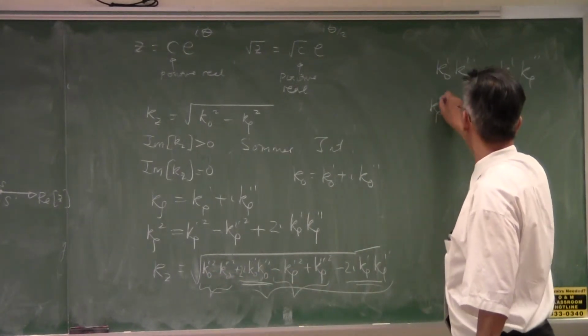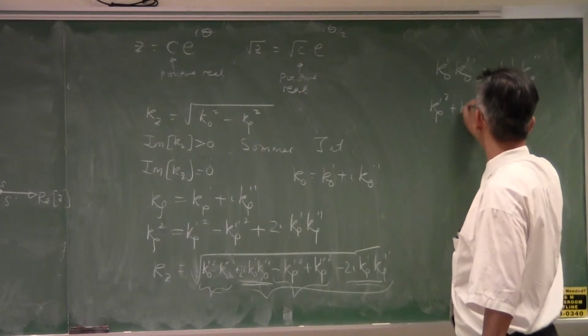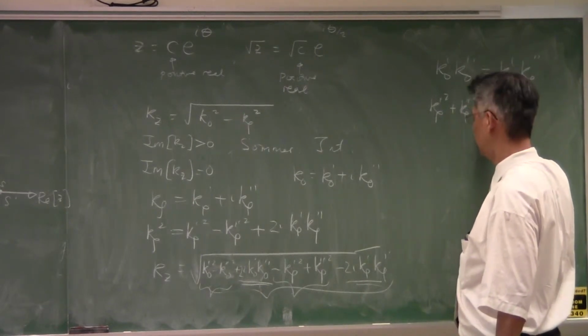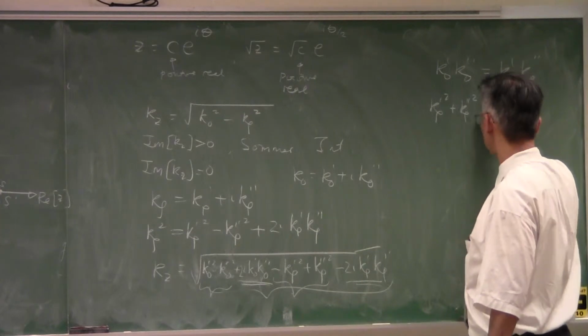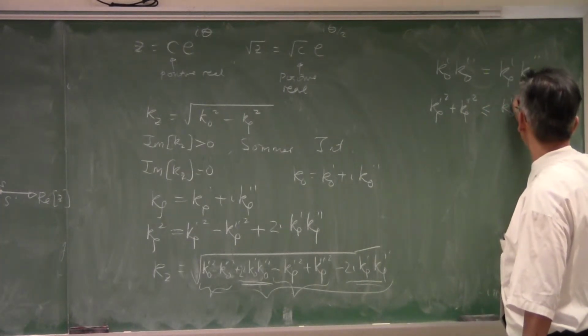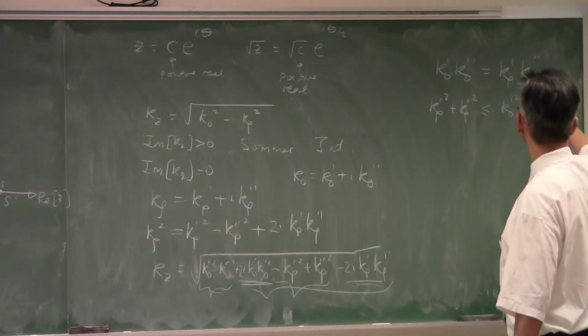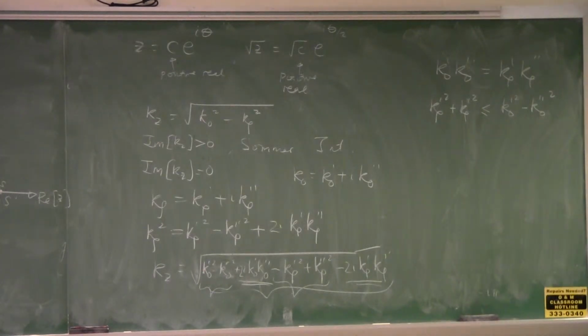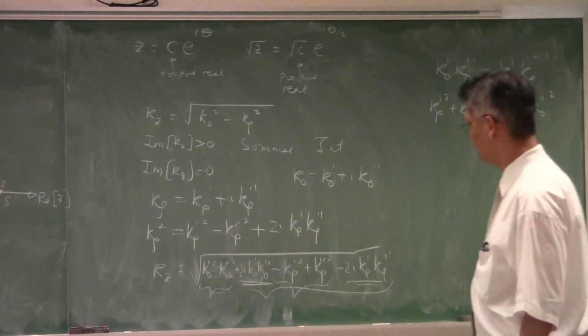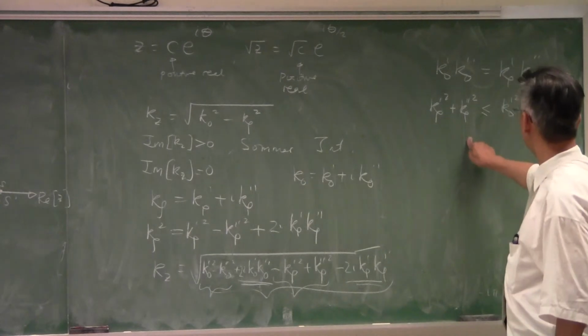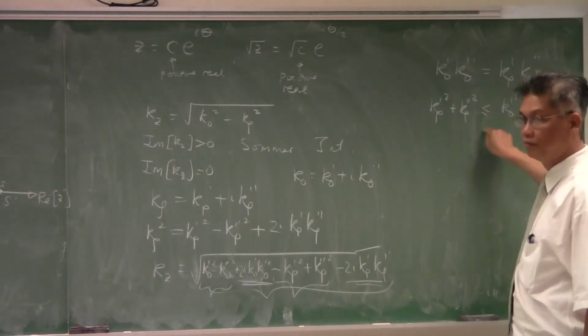So k rho prime squared minus k rho double prime squared must be less than or equal to k0 prime squared minus k0 double prime squared. If these two conditions are satisfied, then the imaginary part of kz would be 0, and the argument in there would be purely real and positive.